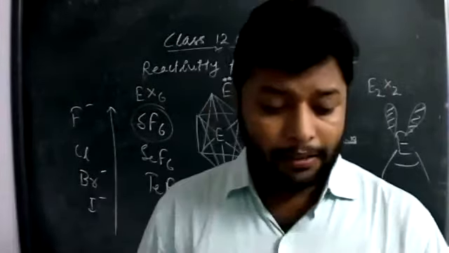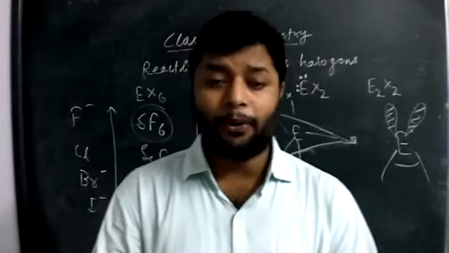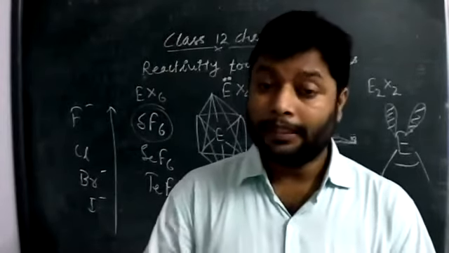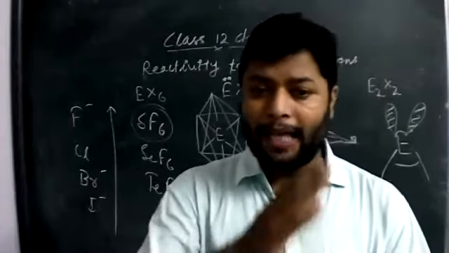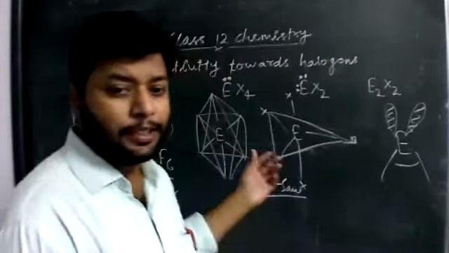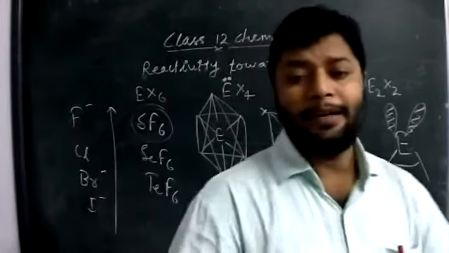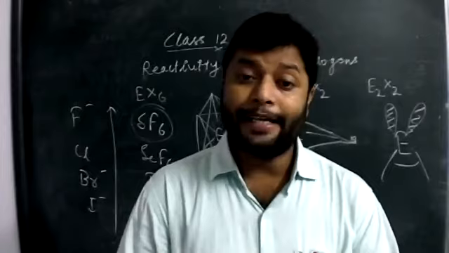Hexafluorides are generally gaseous in state, and as we move down the group through fluorides, chlorides, bromides and iodides, the state changes rapidly from gaseous to liquid, then solid.